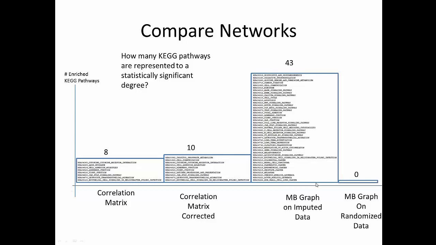So this is kind of showing that with reduced dimensionality, we're actually able to recover more known pathways. The idea isn't just to reproduce KEGG, but the idea is that the degree to which we are consistent with known prior knowledge is going to be a measure of the quality of these networks.